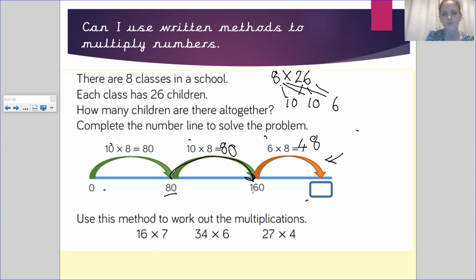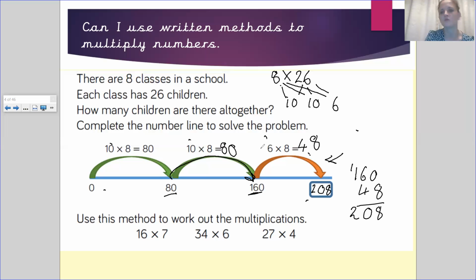So you would go from 160, you would add 48, and you would get an answer. So 160 plus 48 should give you 208, because 0 plus 8 is 8, 6 plus 4 is 10, carry the one, so it's 208.